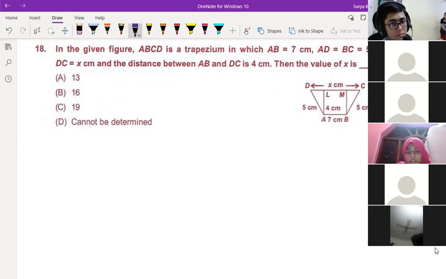Then DC is equal to X. Distance between AB and CD is 4 centimeters. Then find the value of X.